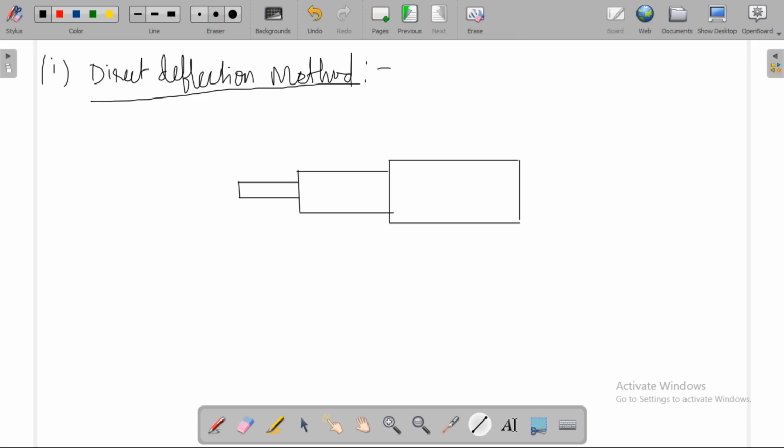This is one of the connectors, and here we have one more connector. Two conducting materials: this is the conductor, and this is the metallic sheath, which is also a conductor.